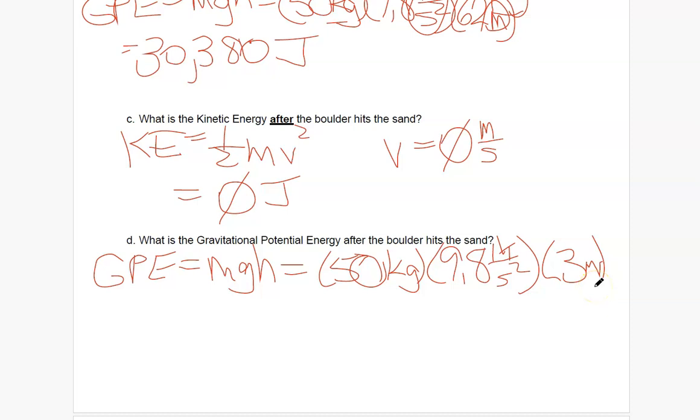If it came to ground level, that would be 0 meters high, and therefore the gravitational potential energy would be exactly 0 joules. But it's 3 meters high, so we have to plug these three numbers into our calculation and work out our value, which is 1,470 kilogram meters squared per second squared, which we know is a joule, and that's our answer.